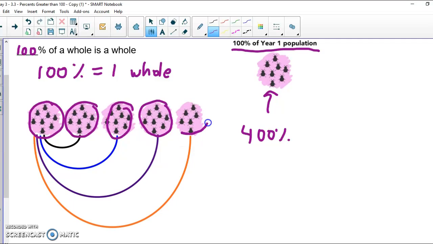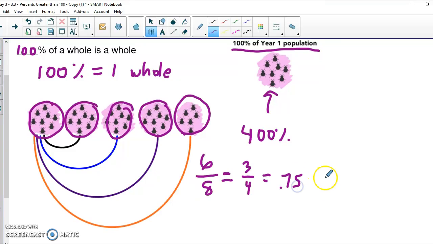Plus, I also have part of another whole. So here in this last group, I have 6 out of the 8 total. So I need to think about 6/8 and how to make that a percent. So I know that this would reduce to 3/4, which I know to be 0.75, which I know to be 75%.